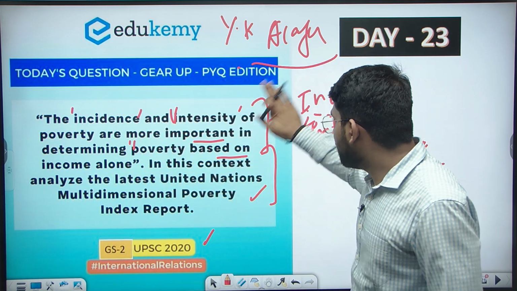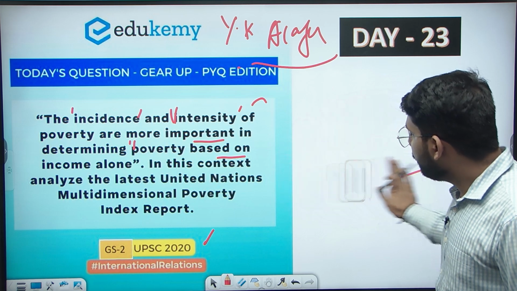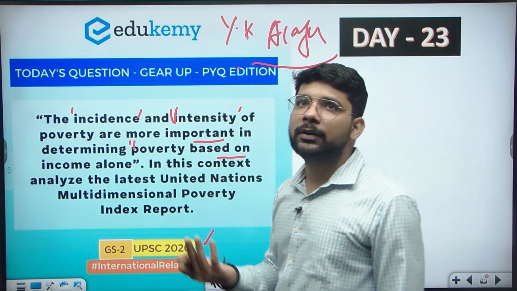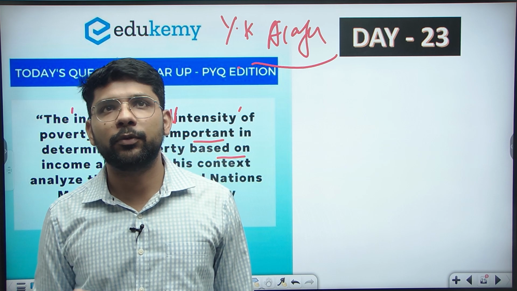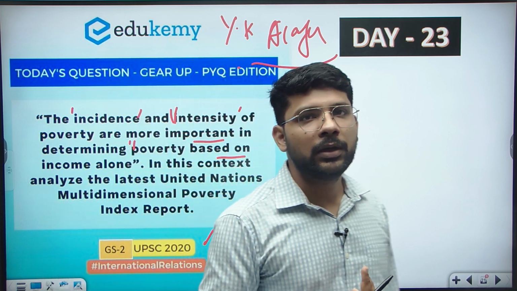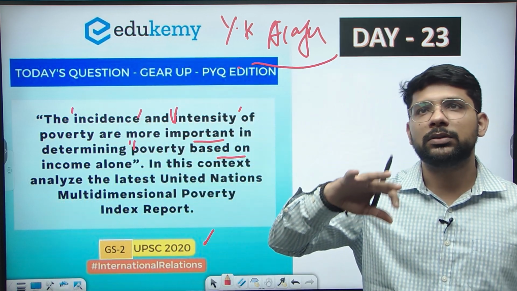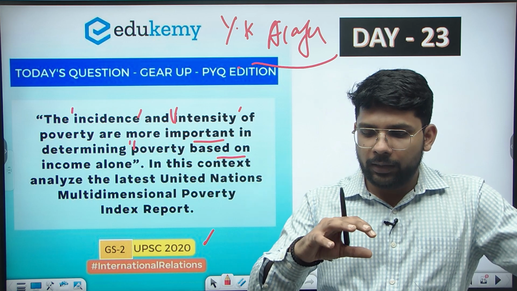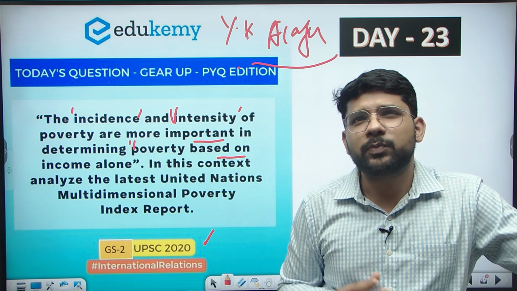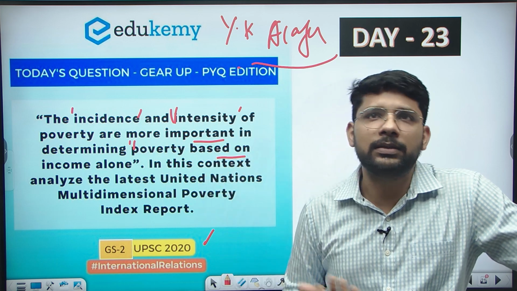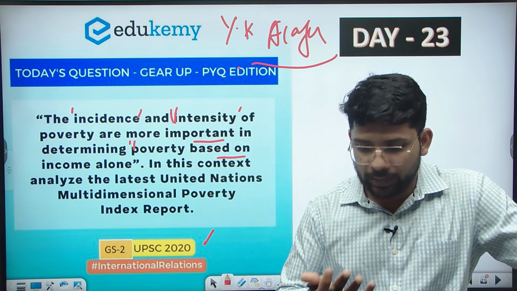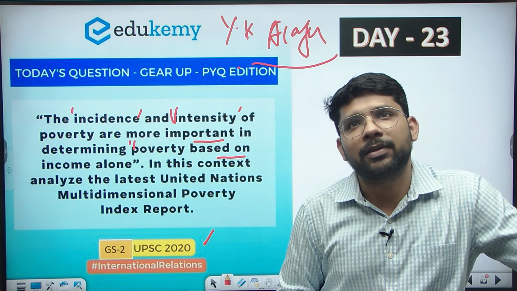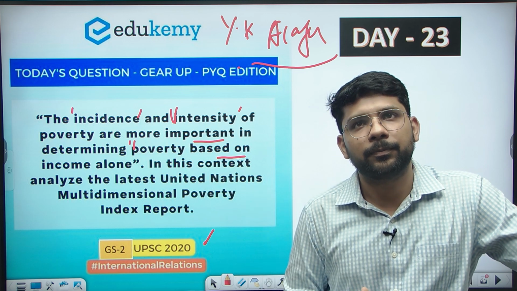Okay, let's start the question. We divide the answer into three parts: the introduction, the body, and the conclusion. In the introduction, we will write about poverty. Poverty is a phenomenon affecting populations in different countries out of the 198 countries, and the most affected are developing and least developed countries.